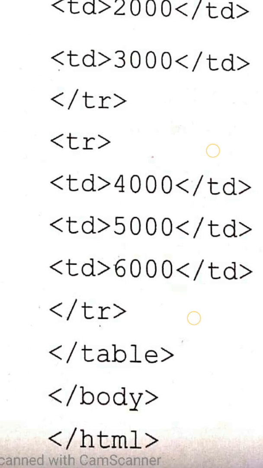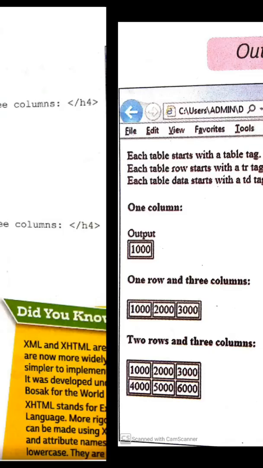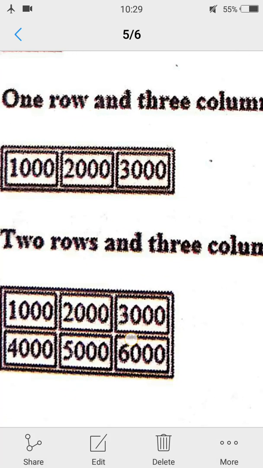Then you have to close TR. Why are we giving TR? To specify the row. Then the table is closed, the body is closed, then the HTML is closed. So here you see the output, how it has come. 2 rows and 3 columns.